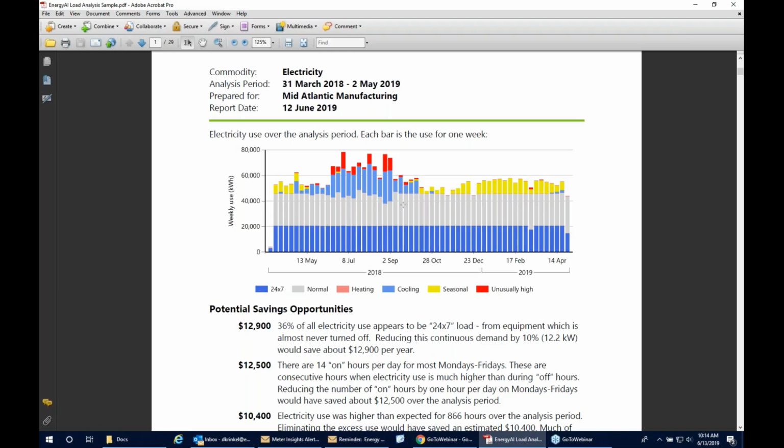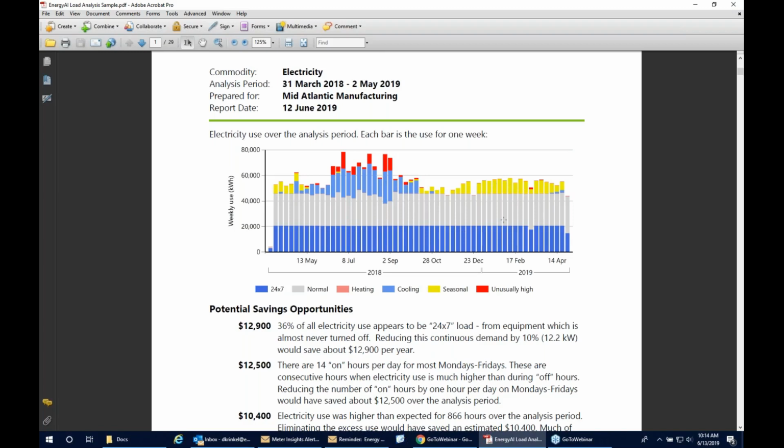Then normal equipment, which is cycling on and off, lights, computers, whatever process load they may have. Heating: for this particular facility, the electricity does not correlate with heating, so there's no heating in this example. Skip to cooling: this one is sensitive to cooling and correlates to cooling.